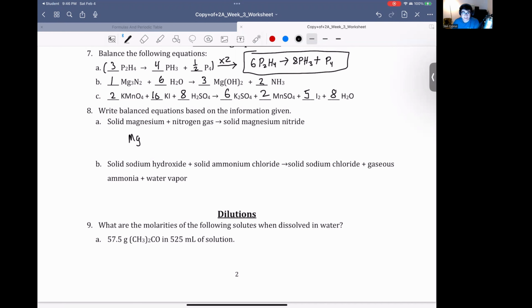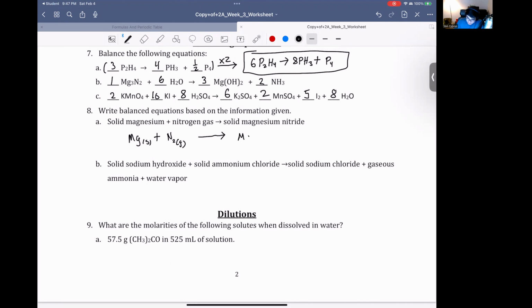It's not an ion. It's just magnesium, right? Magnesium solid plus nitrogen gas, right? And I should actually be better here. N2, right? Gas, right? Nitrogen is diatomic. Gives you solid magnesium nitride, right?